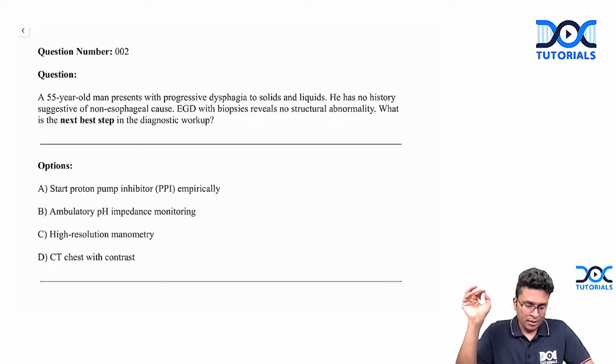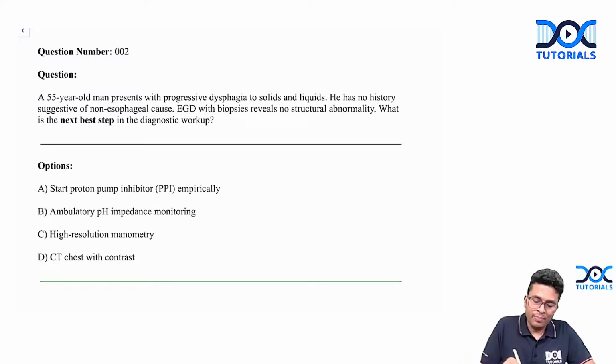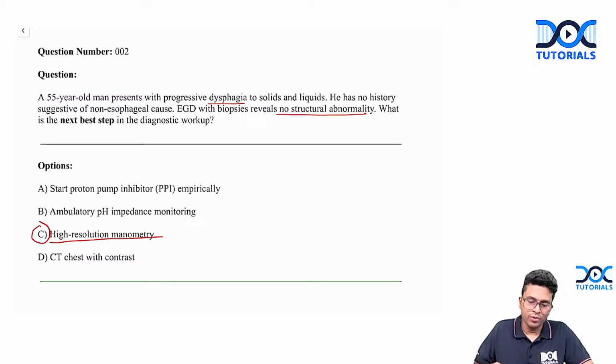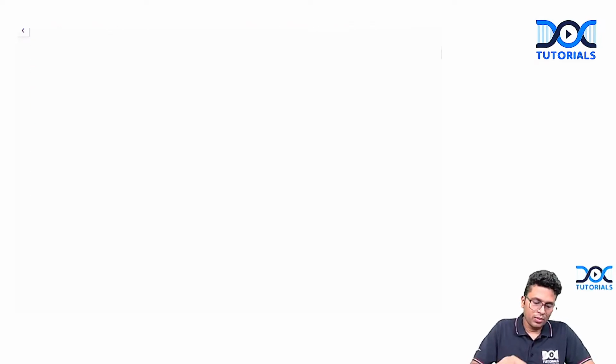Okay. So this is again a question to test your knowledge. Whenever a patient has dysphagia and a mechanical cause has been ruled out, you should think of motility causes. The best test to go ahead with for a motility cause is high resolution manometry. So option C would be the best answer. Now let's look at the answer.